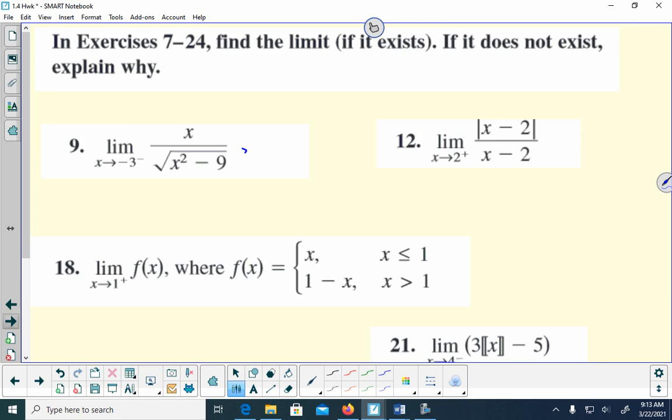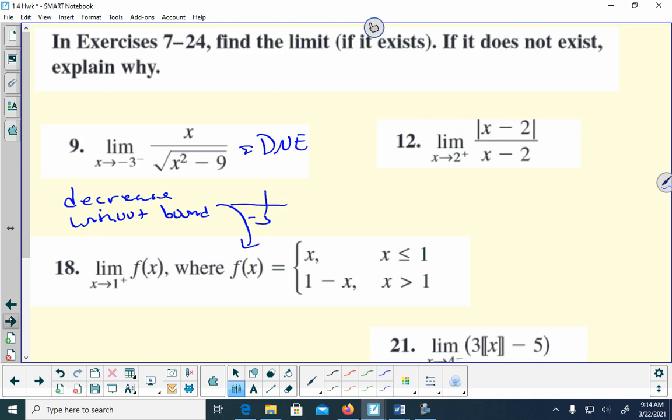So when I approach -3 from the left, it decreases without bound. In other words, it is an asymptote, and as I approach -3, it just goes down. So I'm going to say that this limit does not exist. I graphed that to get that.